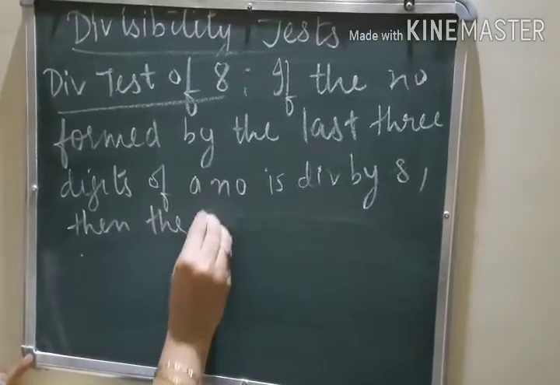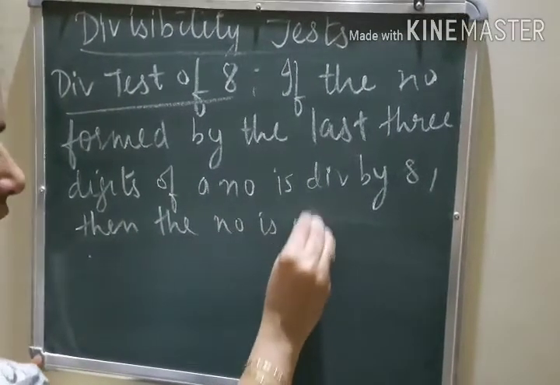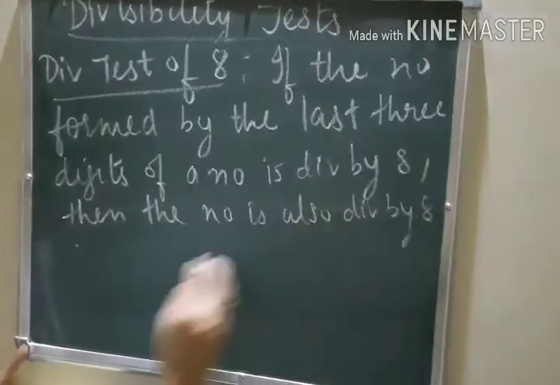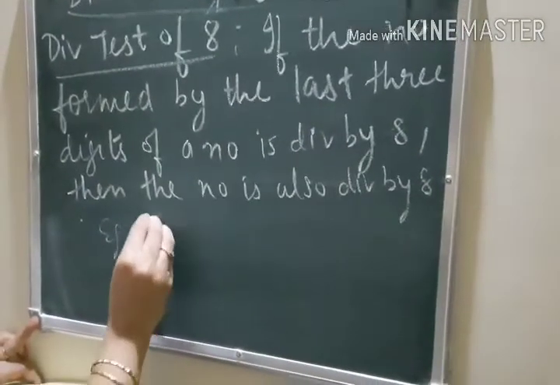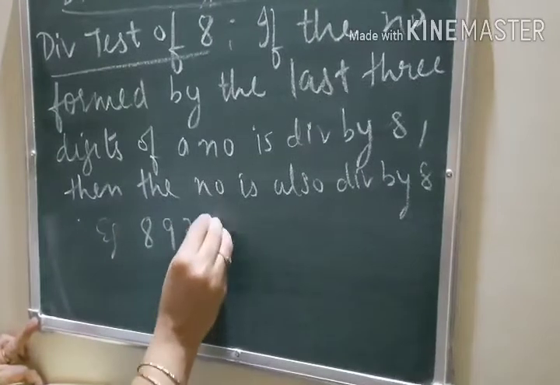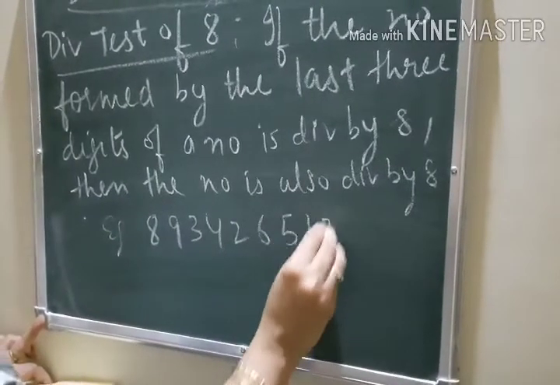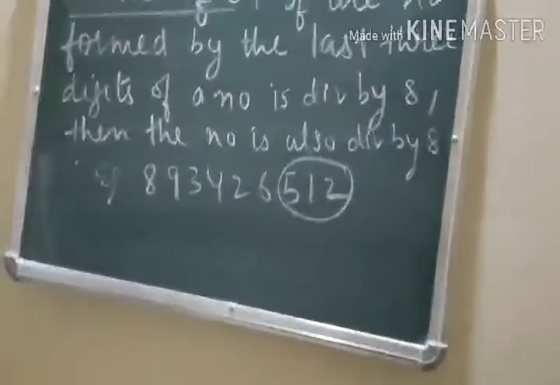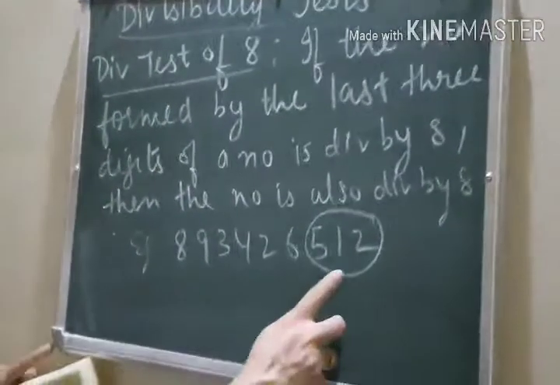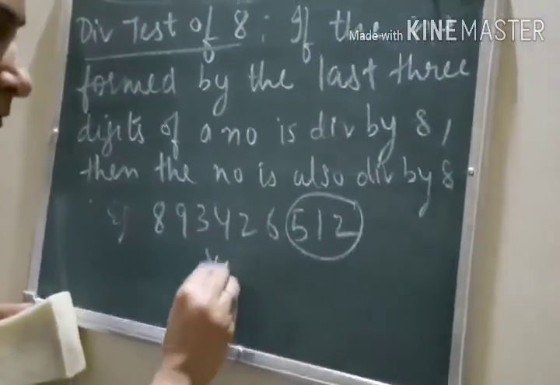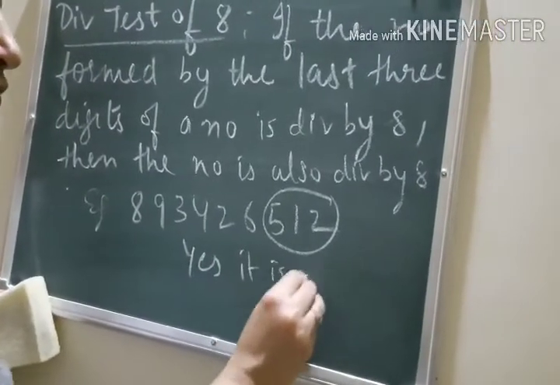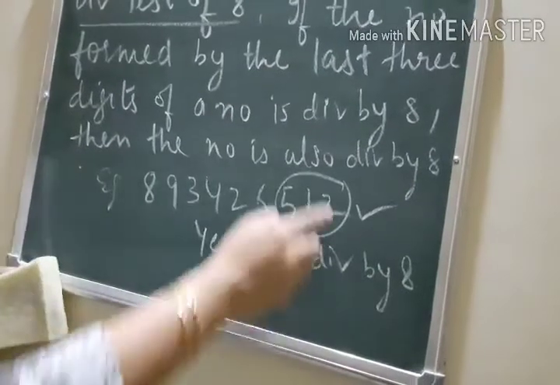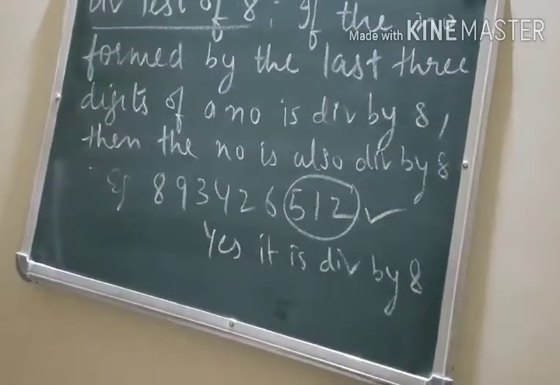So in 4 we were looking for the last 2 digits. In 8 we have to look for the last 3 digits. So for example, the number is 893426512. So the number is 512. You have to look for the last 3 digits. Is 512 divisible by 7? Sorry, 8? Yes, it is divisible by 8. So the whole number will also be divisible by 8.